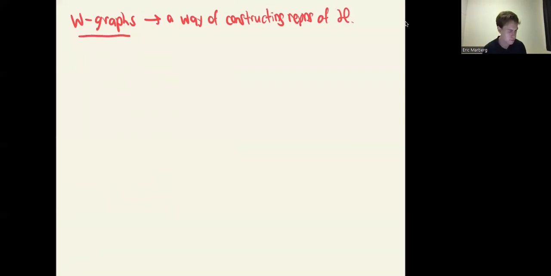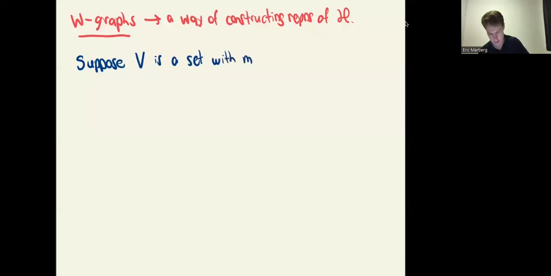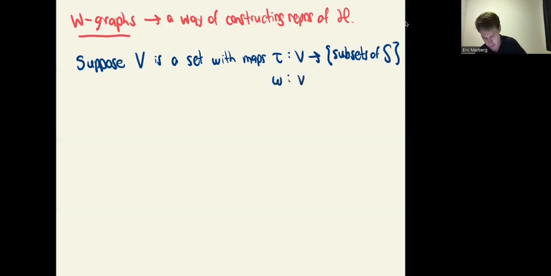So very simply, I'll just give you the definition first, and then I'll try to motivate it, since the definition at first glance seems a little bit technical. So we start out with some set V. So V is a set with maps tau that go from V to subsets of simple generators of our group W. And then also a map omega that goes from V cross V to our scalar ring.